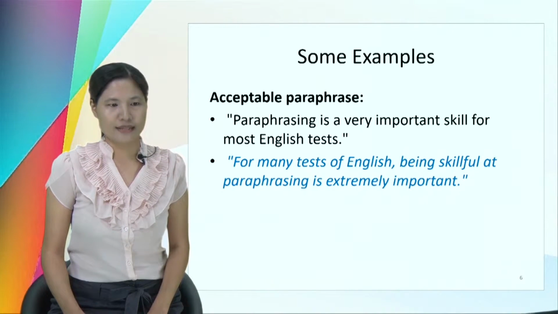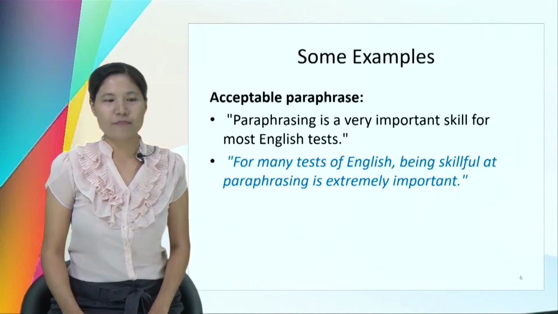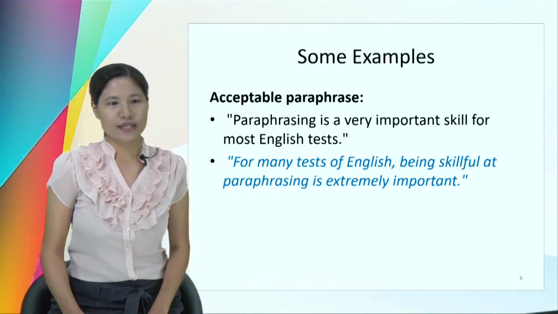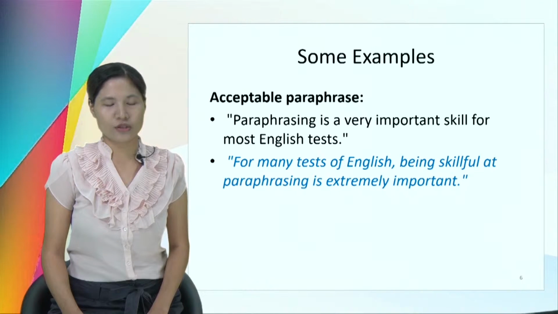Like the blue lines, for many tests of English, being skillful at paraphrasing is extremely important. Now you can see, very important, extremely important, very, extremely. That's the synonym, 用同义字. And next, you can see the sentence structure. You can see they're reversed, 相反的顺序.